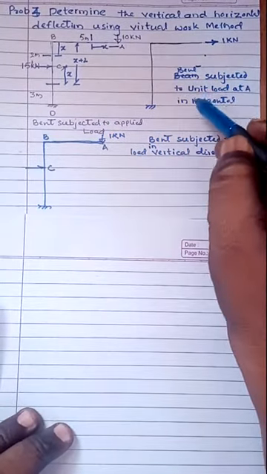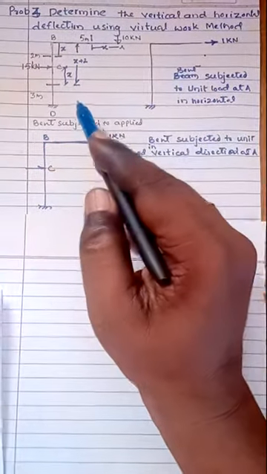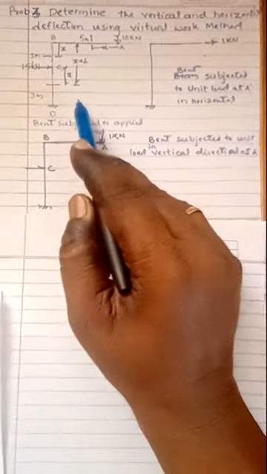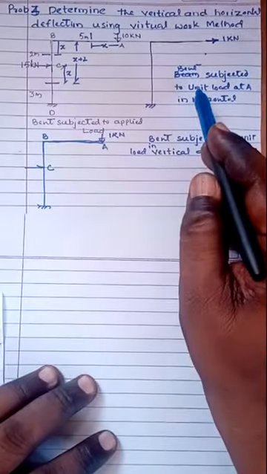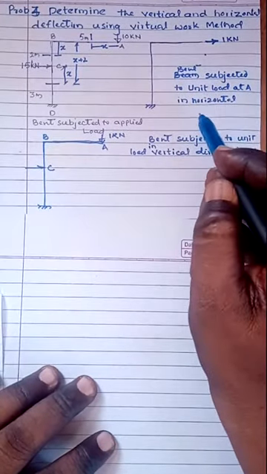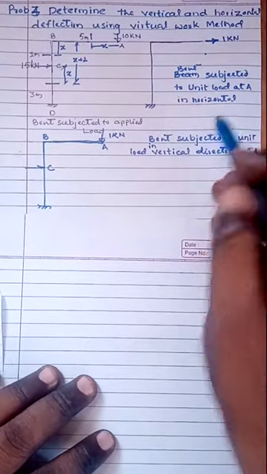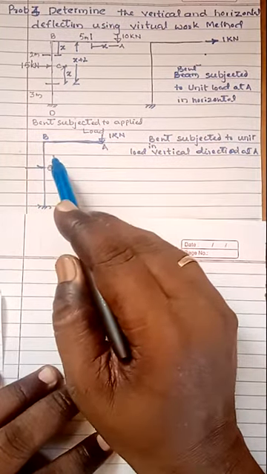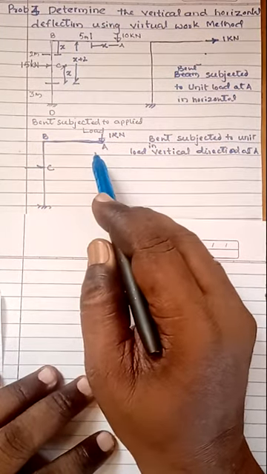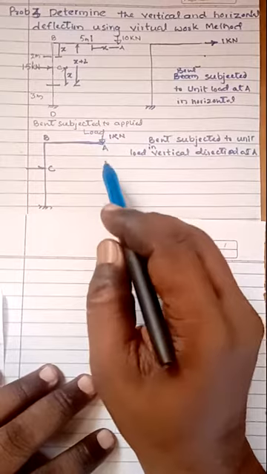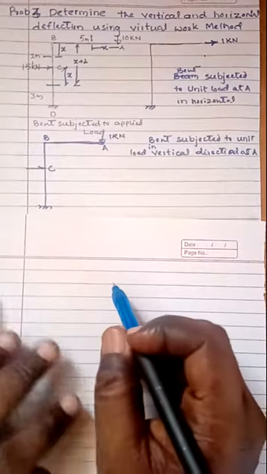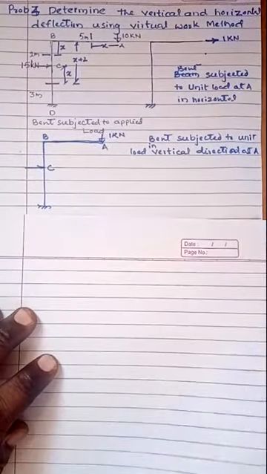This one is the bend subjected to the applied load. This one is the bend subjected to the unit load at A in the horizontal direction. Similarly, to find the vertical deflection at A, we apply a unit load in the vertical direction at A as shown in the figure.